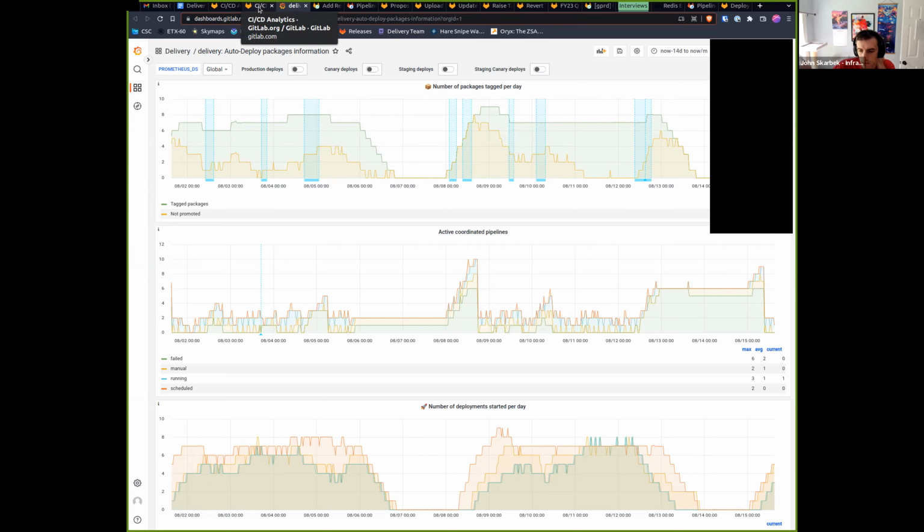I did create an improvement issue related to one particular issue. This is a process that all of us are familiar with, where if we need to rush a particular fix into place, we use that same process if we need to pick something into auto deploy quickly. I would like to improve that workflow, because last week we did the pick into auto deploy on a particular merge request, but due to the scheduling of when auto deploy creates the next auto deploy branch, that pick never made it.